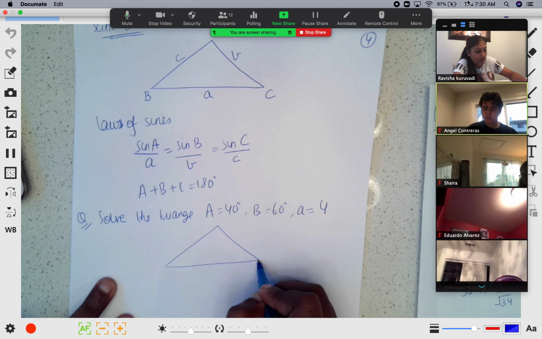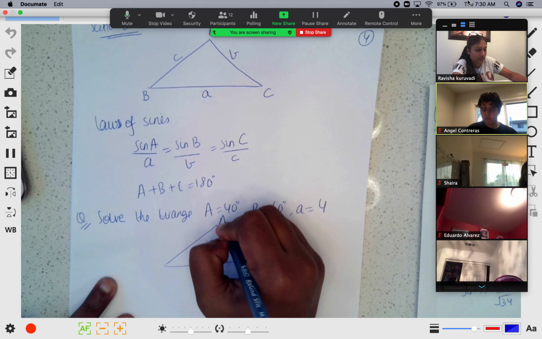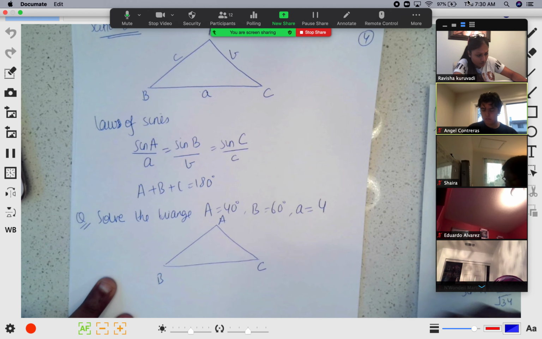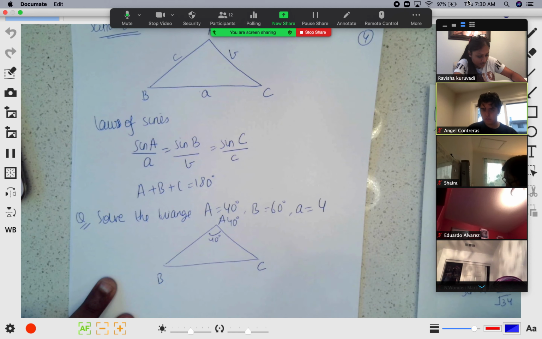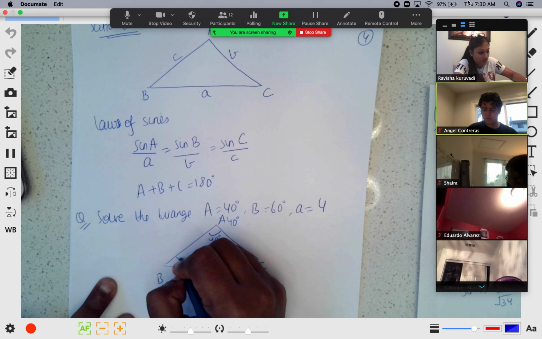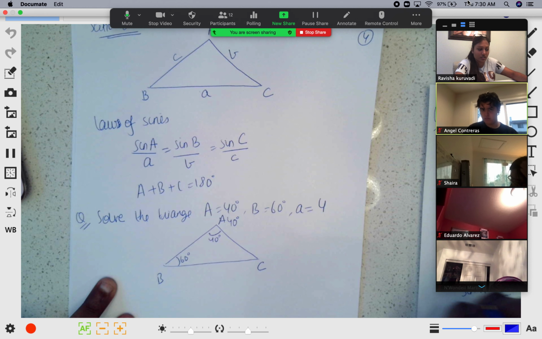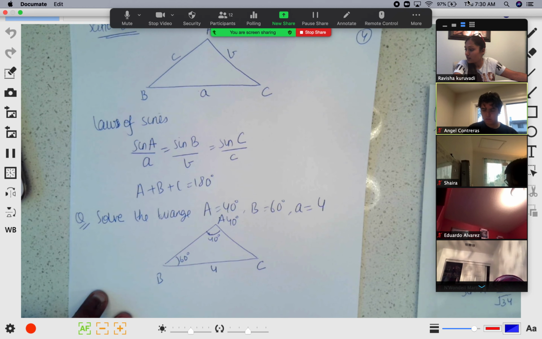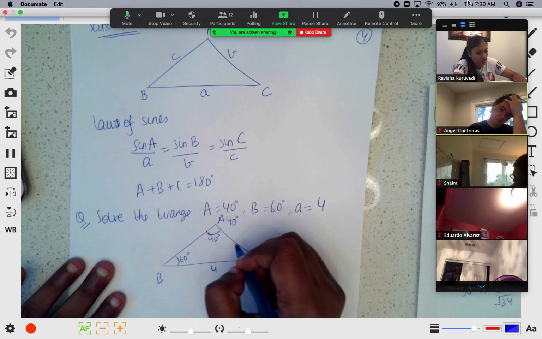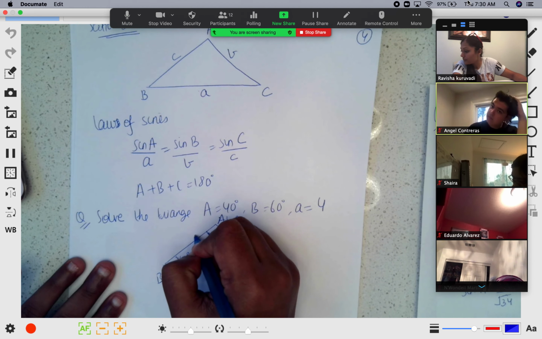This is my A, this is my B, and this is my C. This angle is given to be 40 degrees, this angle is given to be 60 degrees. Opposite to A is small a, which is given to be 4. They want you to find all other values. So basically they want you to find this b, they want you to find this c.